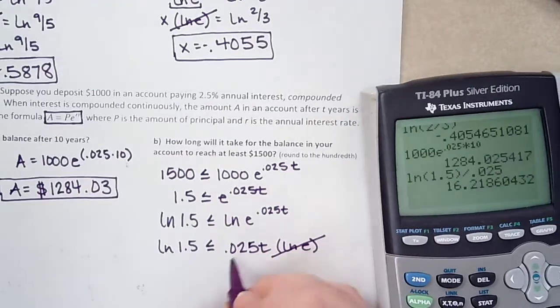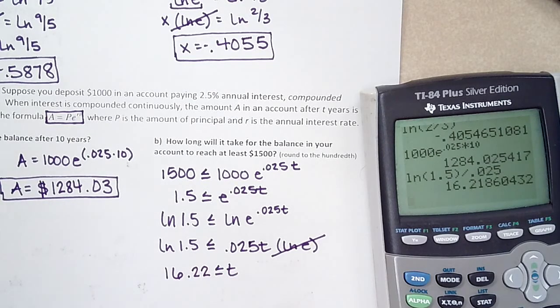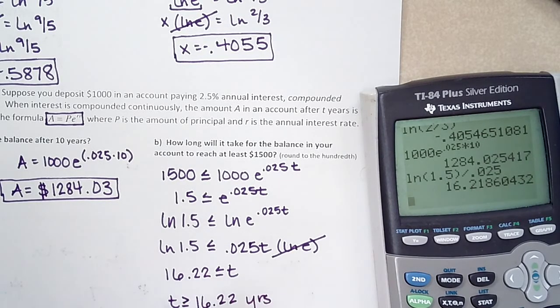And we get that t is greater than or equal to 16, round to the hundredths, 16.22 years. So I'm going to rewrite this just because I prefer my variable on my left. I'm going to say it's about 16.22 years.